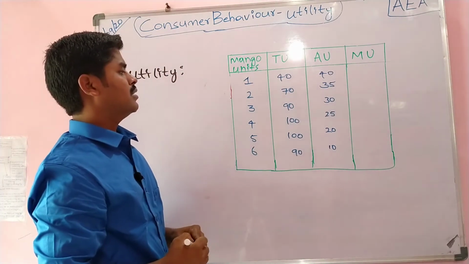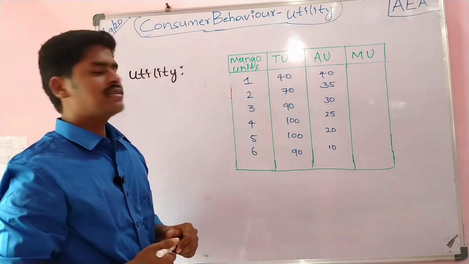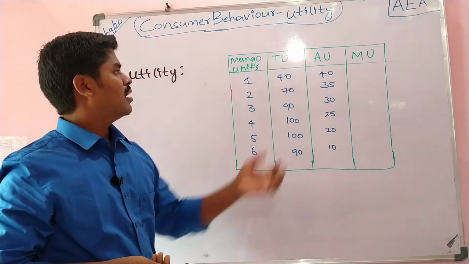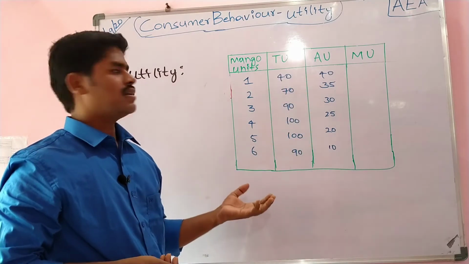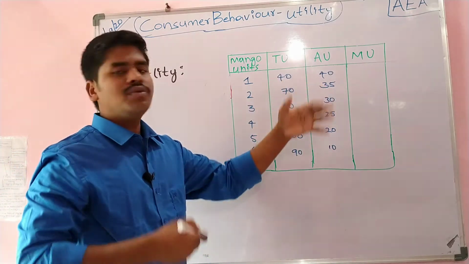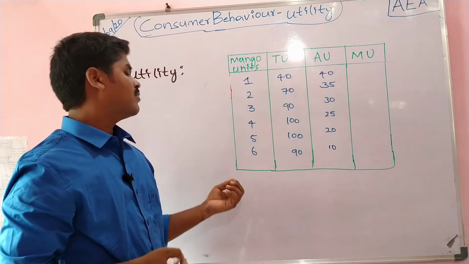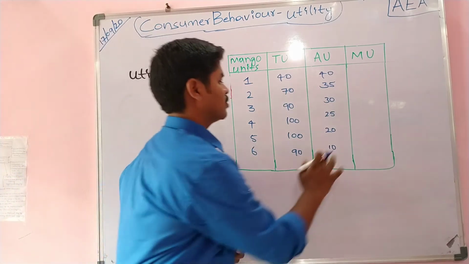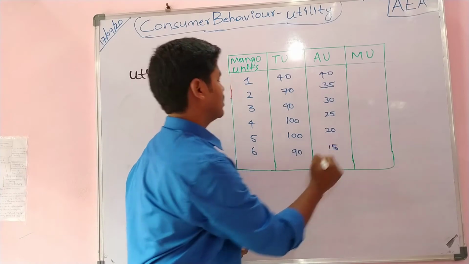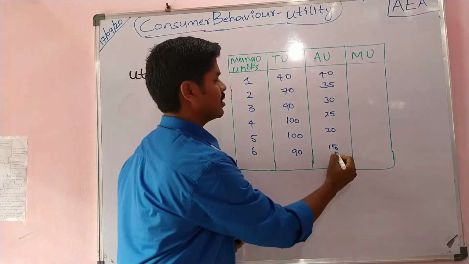This is what we will discuss in this particular average utility. Here 90 by 6 will be 15.